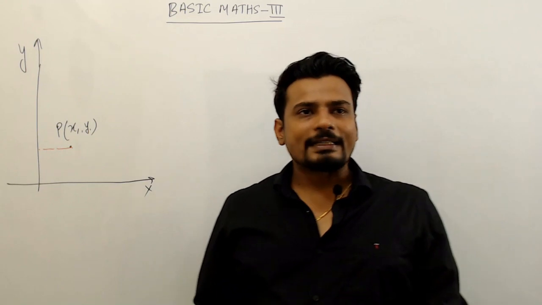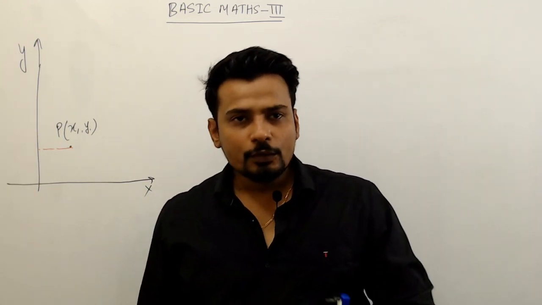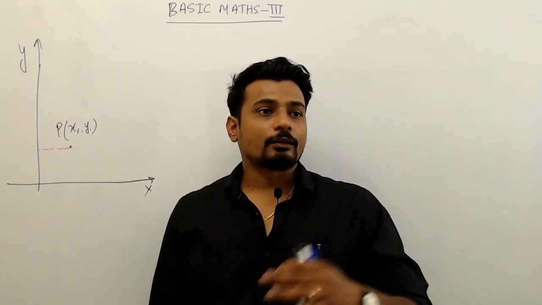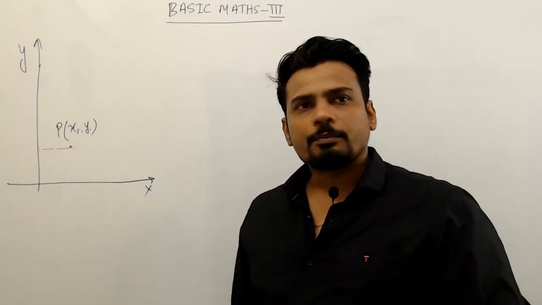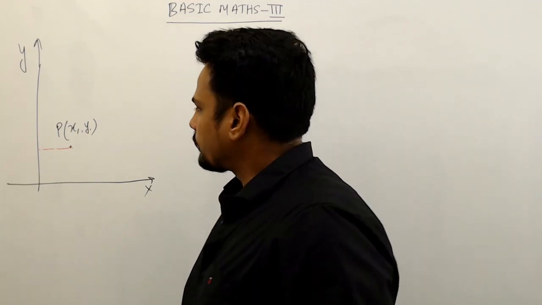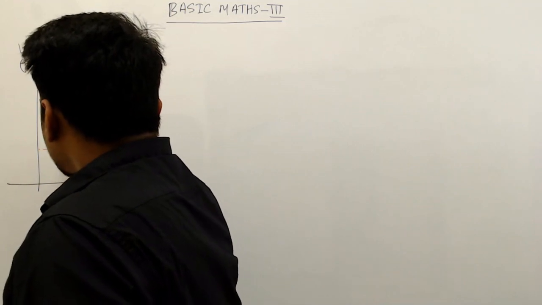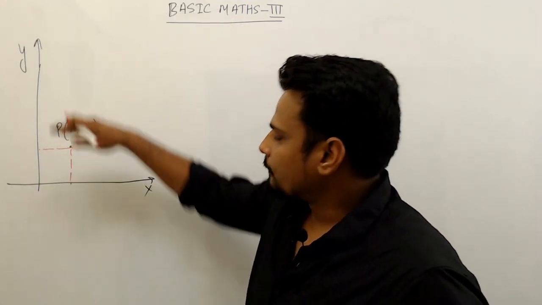Now x and y-axis are the referral quantities. For reference we need something. For example, if you give the address of a house, you might use a landmark, like close to CCD or any such place which is well known, more than your house. So y1 is the distance from the x-axis.